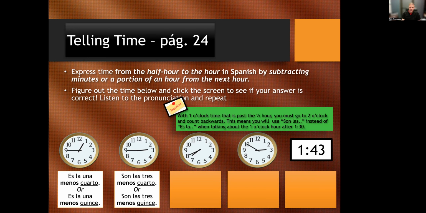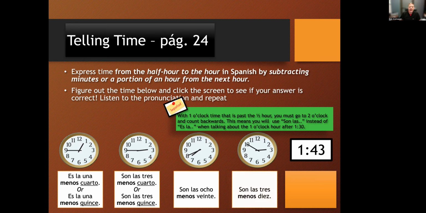Bien. Next one, it looks like it's about 7:40. Son las 8:20. Clases repitan. Son las 8:20. Muy bien. The fourth one, about 2:50. Son las 3:10. Clases repitan. Son las 3:10.